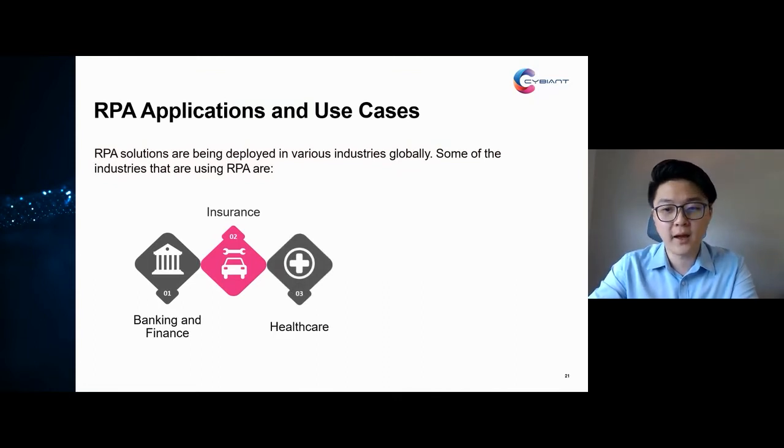The third one, healthcare. RPA solutions are used to streamline front and back office operations. As the applications are integrated with the RPA solution, the processes can work seamlessly without any manual intervention, and this leads to enhanced patient records and confidentiality.